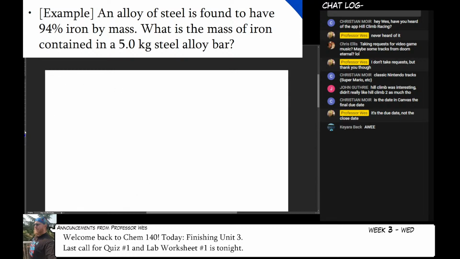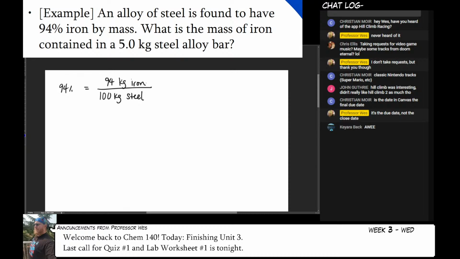All right. So if the steel alloy is 94% iron, then what that is saying is that of a 100 kilogram sample, 94 of those kilograms are iron, right?